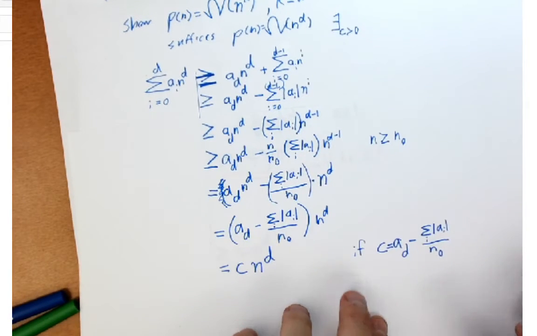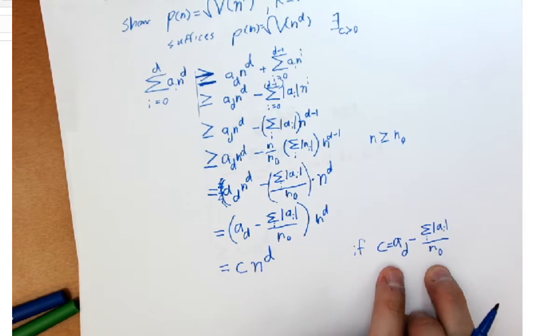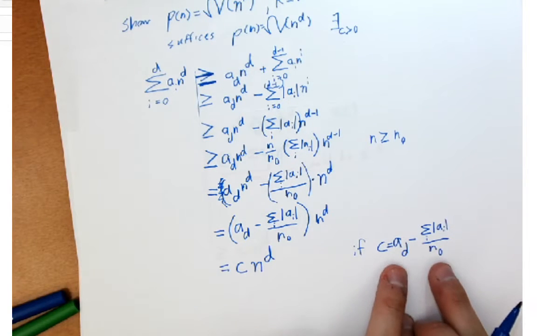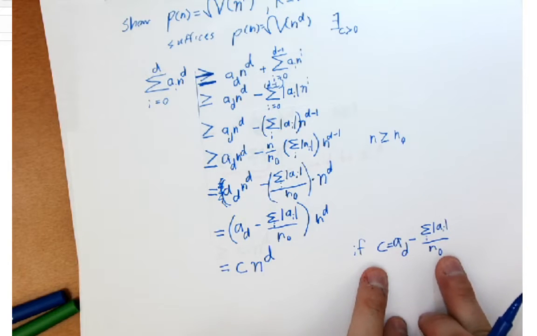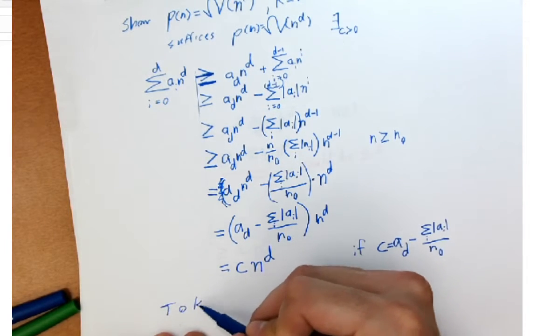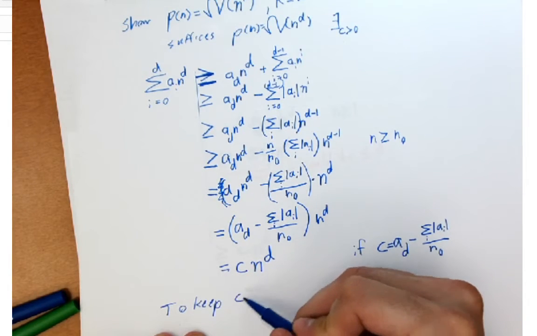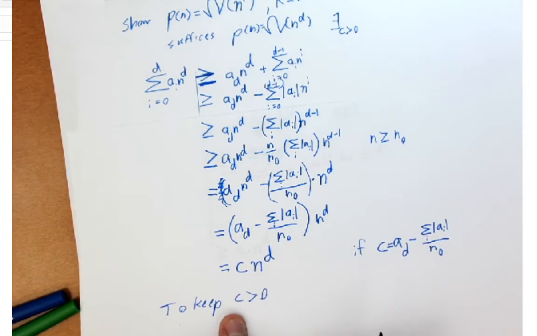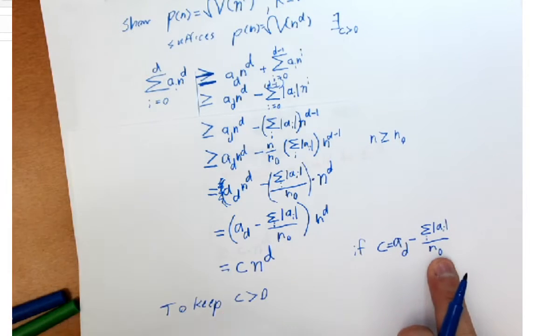The trick is I need this to be positive, and so I need to figure out what values of n naught keep c positive, right? So to keep c positive, remember, that's the whole reason we introduced this sort of degree of freedom here.